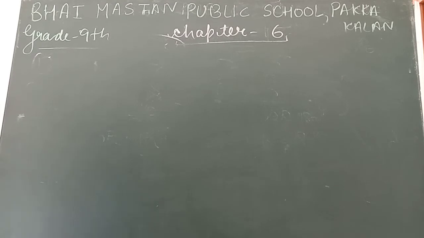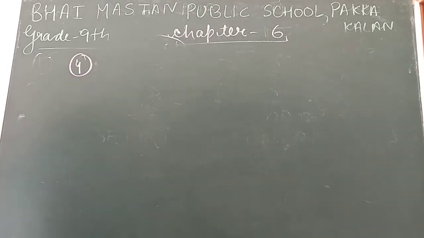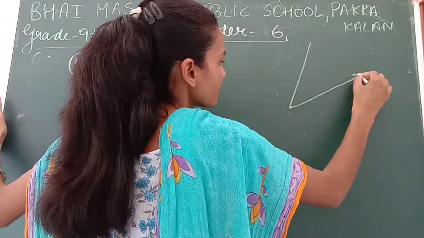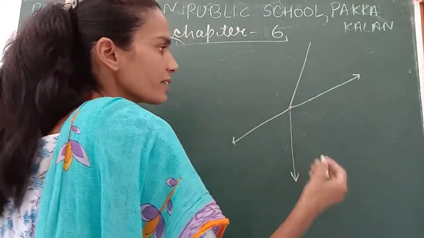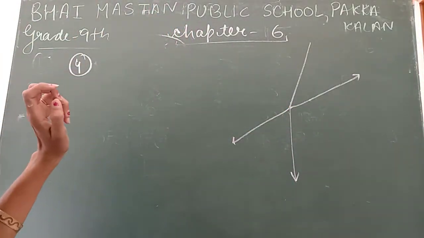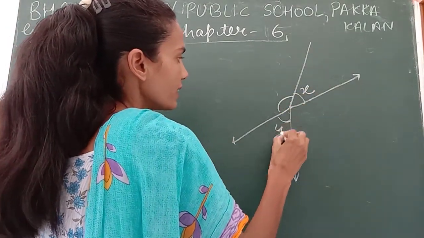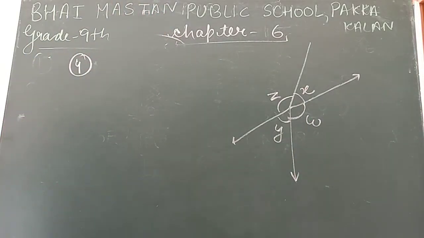And next we are going to discuss question number 4. In question number 4, the diagram is given like this, not symmetrical. This is x, this is y, z and w. These angles are given.